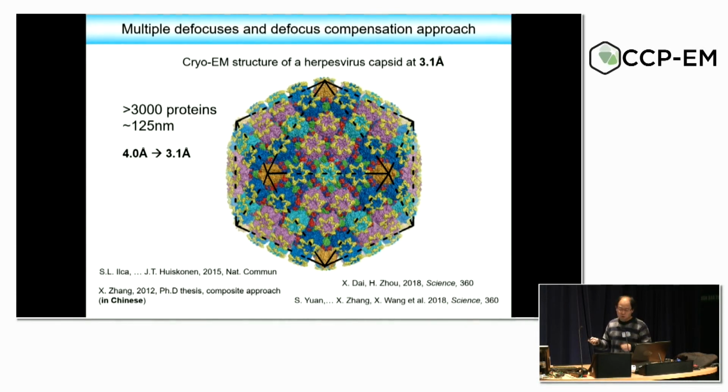And I just want to quickly mention some work from other groups. Just several days ago, a structure of helical wires at 3.1 angstrom resolution was published. They used the defocus compensation and local alignment approach to improve the structure to 3.1 using their own programs, by correcting the Ewald sphere by the defocus compensation approach.